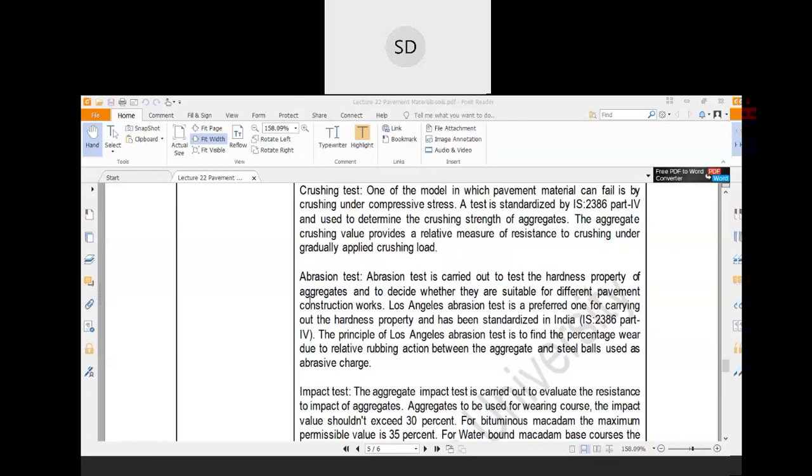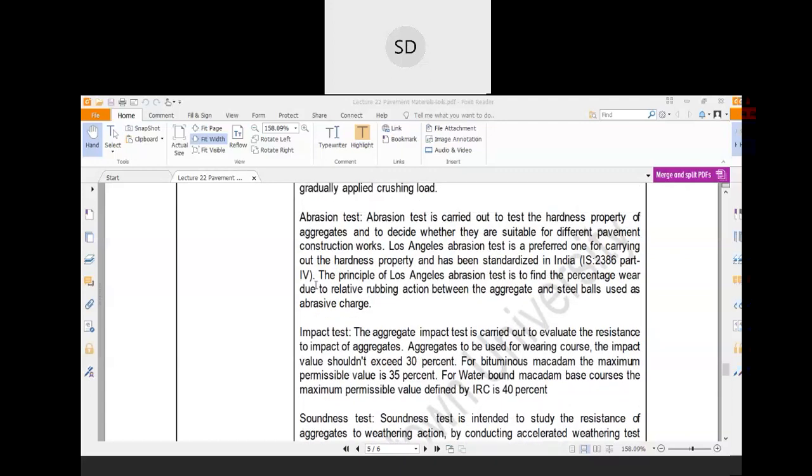So basically in both the tests, what happens, one large size drum-shaped metallic drum would be there, where you will put the aggregate along with some abrasive charges. Now what are these abrasive charges? Abrasive charges are nothing but some steel balls, and that drum will keep rotating. After a standard rotation, you will check what is the number of crushed particles with respect to the total aggregate. Okay, and that will give you the abrasion percentage.